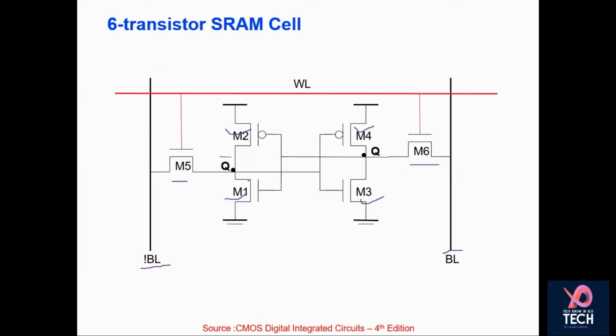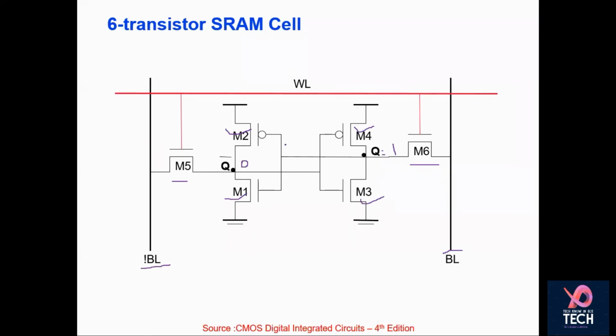Let's discuss this here. Q bar is 0 and this is 1. What is the first thing that proceeds when we perform any sort of operation? Precharge is not required, since the columns are permanently charged.